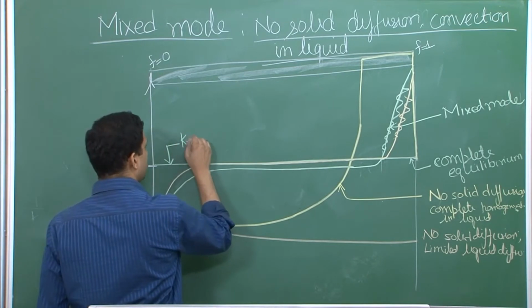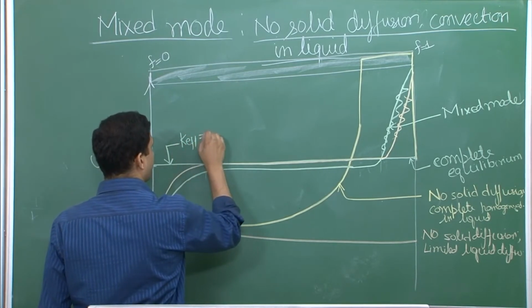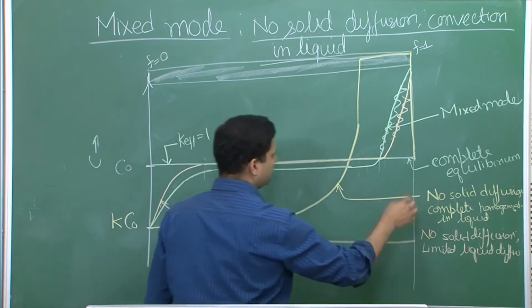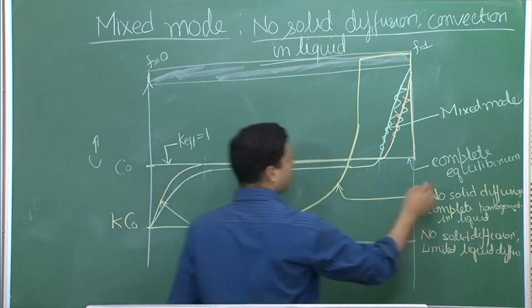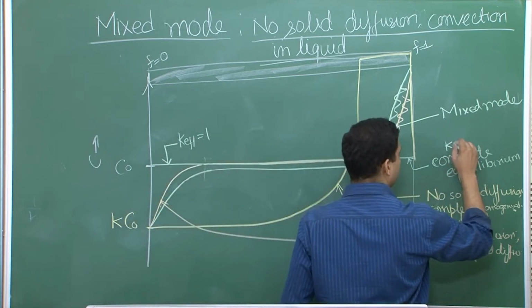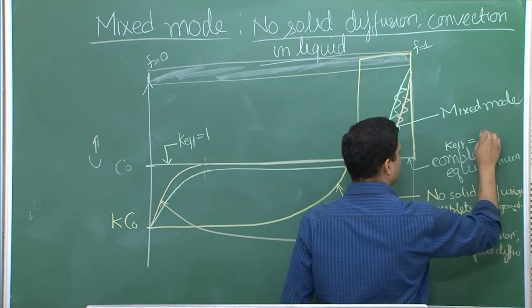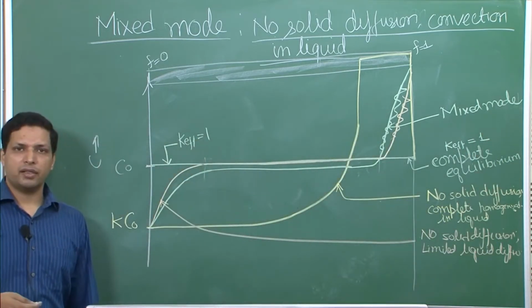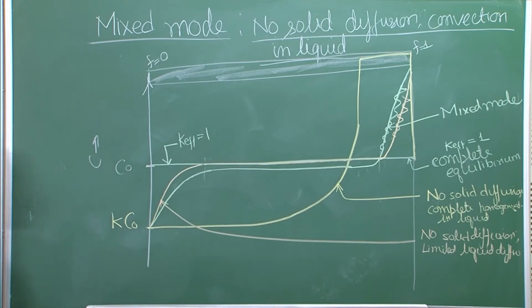Therefore you can say K effective is equal to 1. Now let us look at the second condition. For the complete equilibrium, let me write it over here itself, it will be better. K effective is equal to 1, meaning Cs star by C infinity, which is C0, is equal to 1.